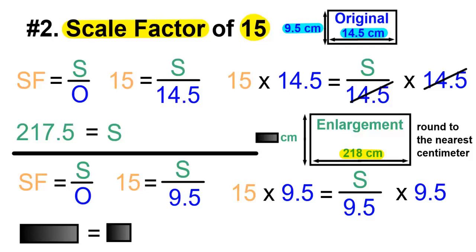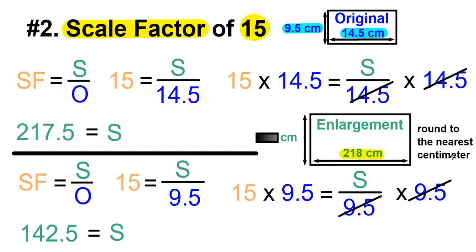Divide by 9.5 and times 9.5 will cancel, leaving us with s. And 15 times 9.5 gives us a value of 142.5. Again, round to the nearest centimeter. The 2 will round up to a 3. So we'll have a final answer of 143 centimeters.